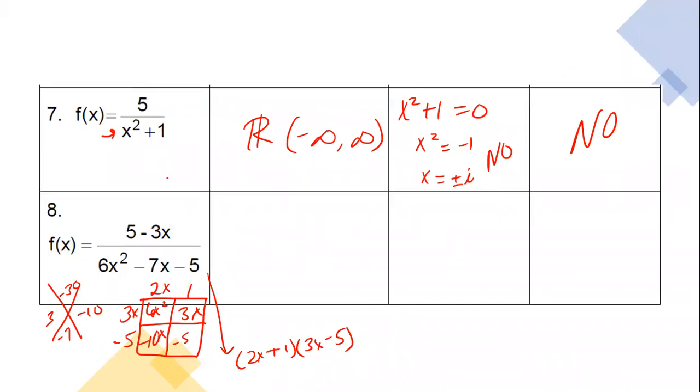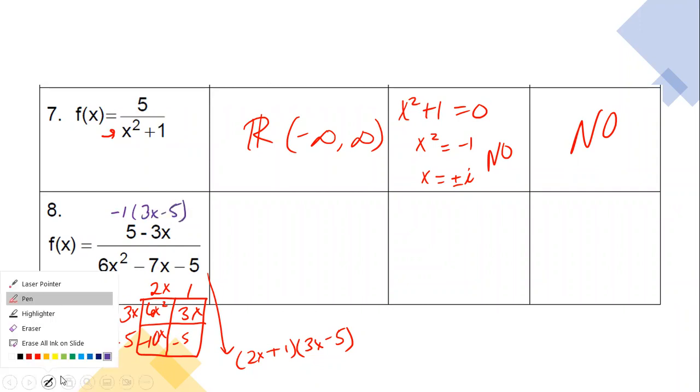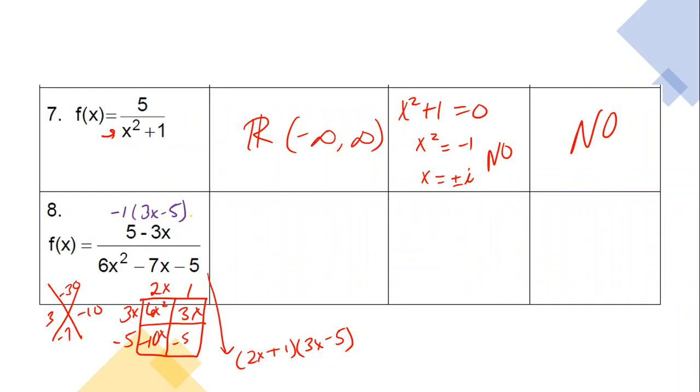All right, so notice here that once we are fully factored, it doesn't appear that they're the same. However, if I factor out -1, I would be left with 3x minus 5. So now I do have a common factor, 3x minus 5. This is where my hole is in my graph.